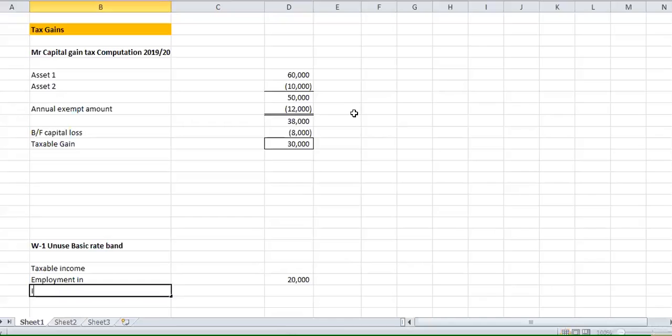An individual has, no, not interest income, say trading profit.